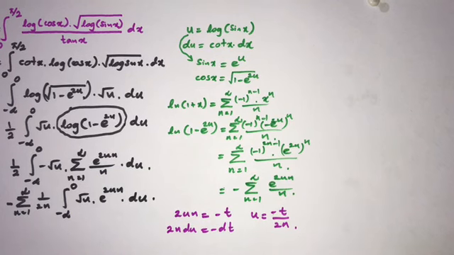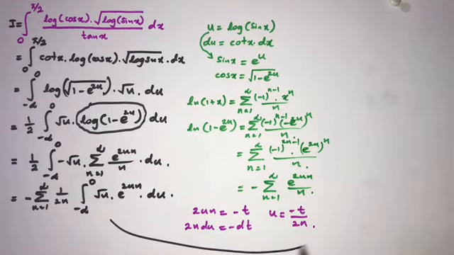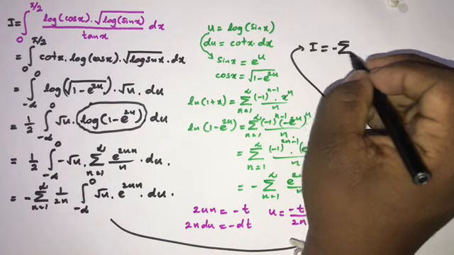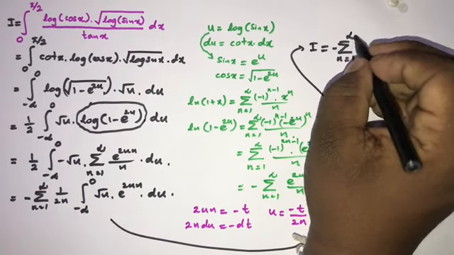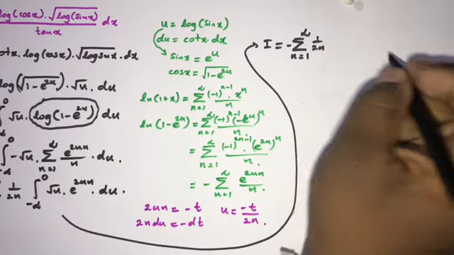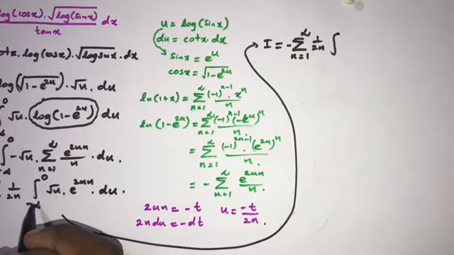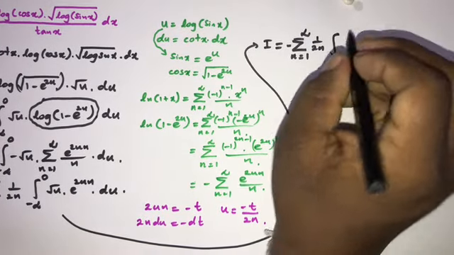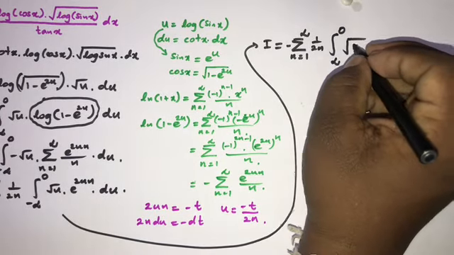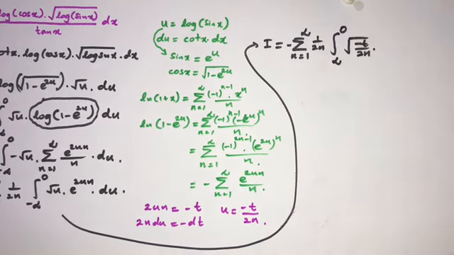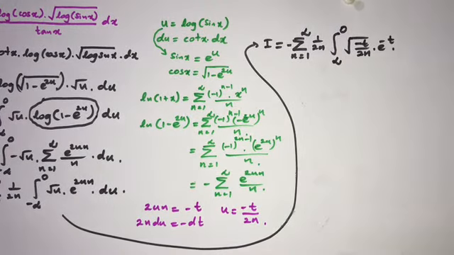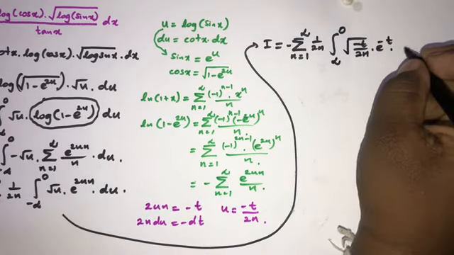Okay, now we can plug in here, so now I is equal to minus the sum from n equal 1 to infinity of 1 over 2n, with limits from minus infinity to 0 becoming infinity to 0, and here the square root of u, so the square root of minus t over 2n, and then e to the 2un, so e to the minus t, and du is equal to minus dt over 2n.